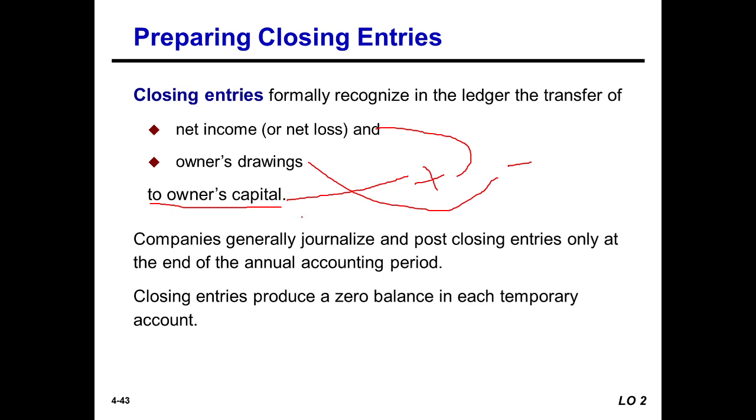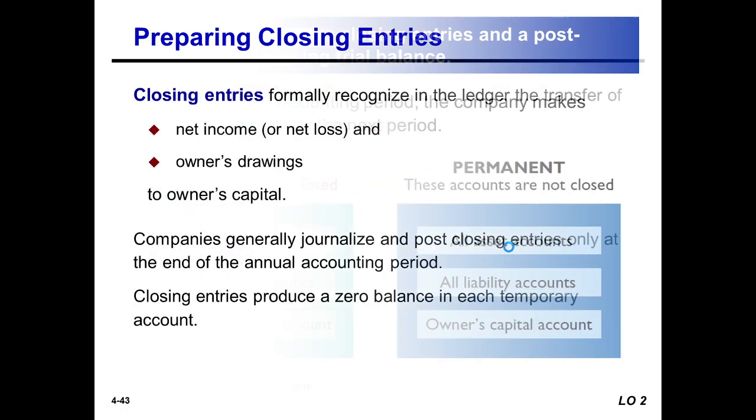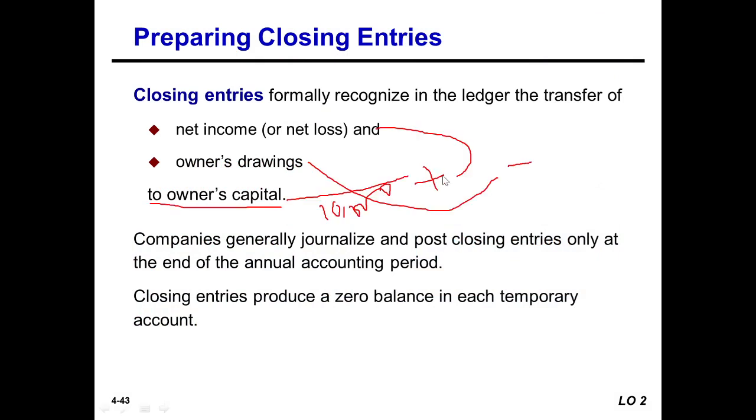Suppose the owner's capital is 10,000 and net income, according to this question, is 2,860, and the drawing is 500.